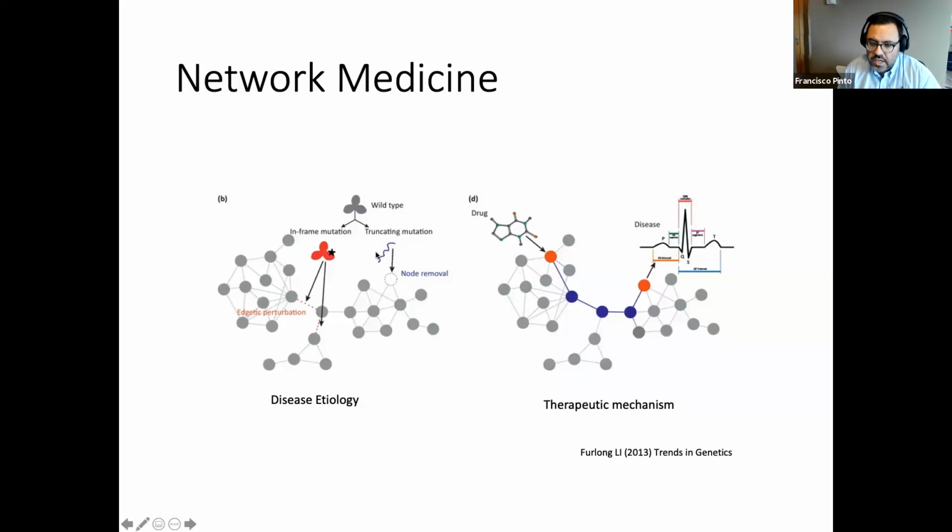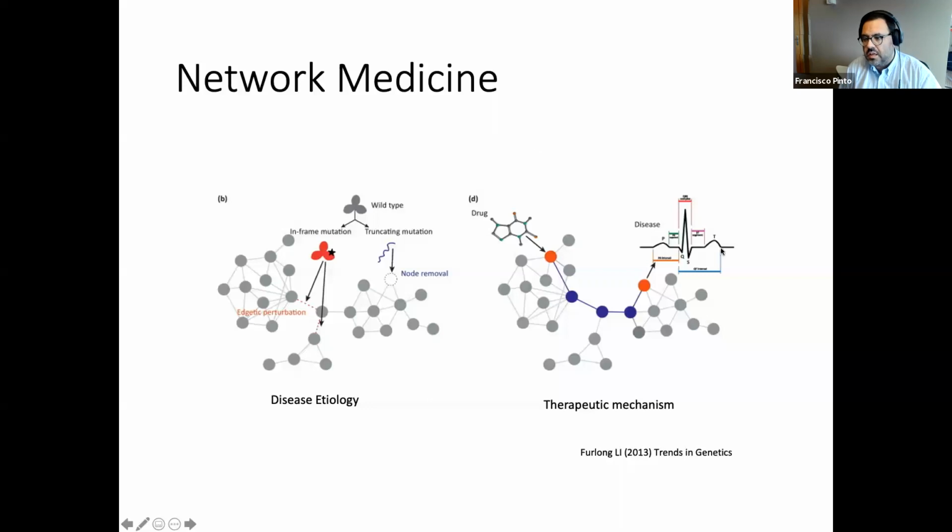So you have these two mechanisms, but what leads that perturbation in one node of the network to have a systemic effect, disease phenotype, can be explained by the spread of that perturbation throughout a biological network. So that's the principle of how we can use the networks to understand how the mechanism of the pathological phenotype is developed.